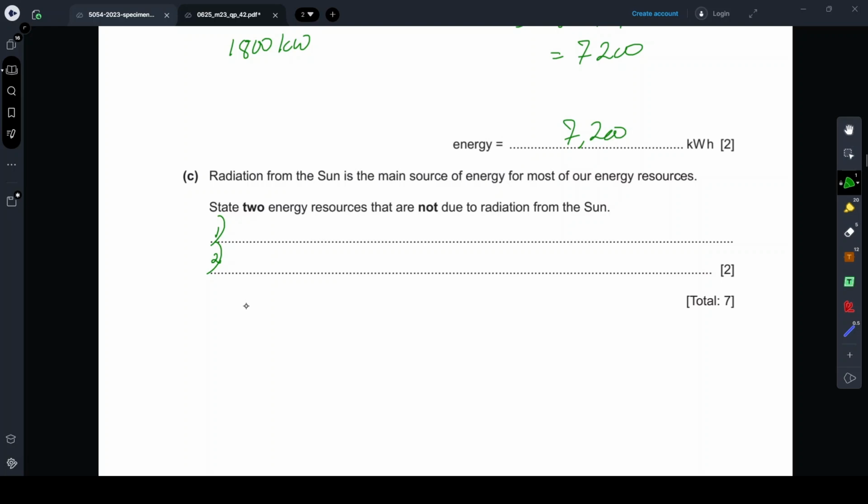Nuclear energy? That's one. What else? Let me think. There is this one word, but I know the meaning of it.